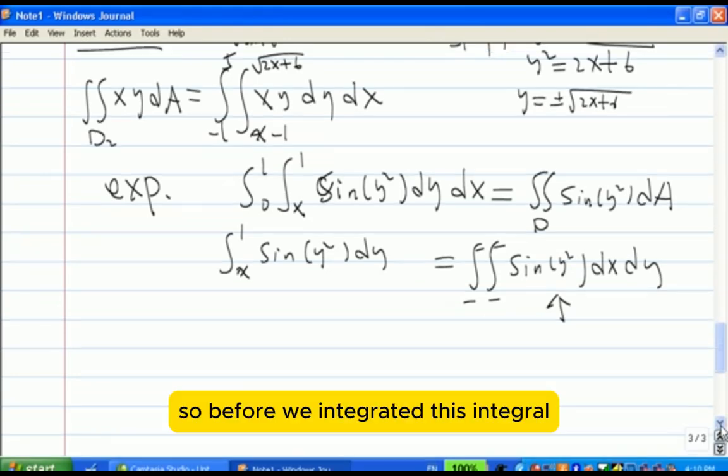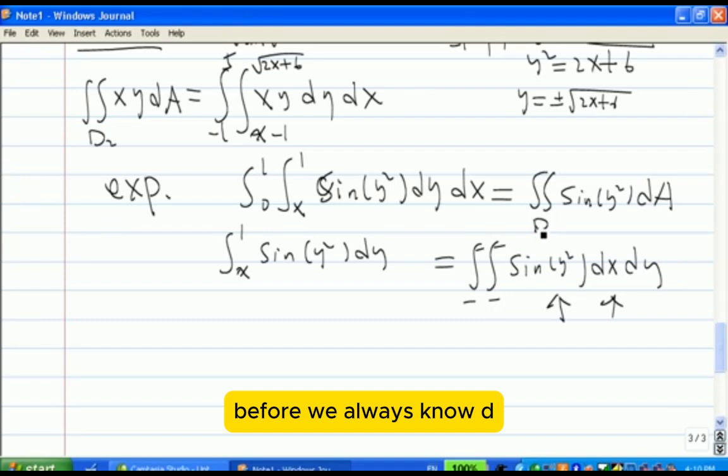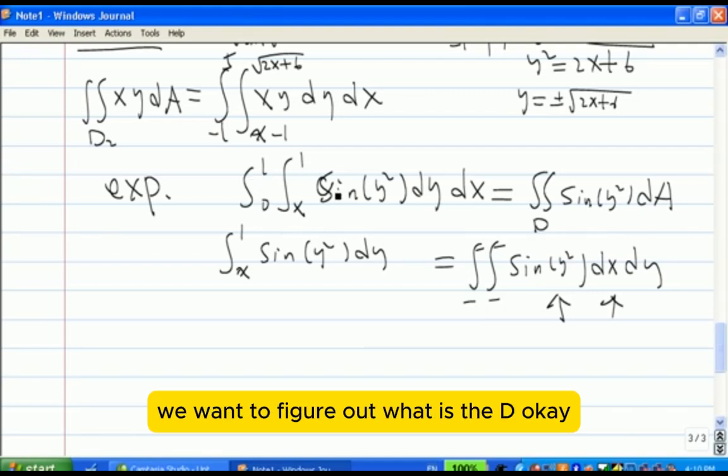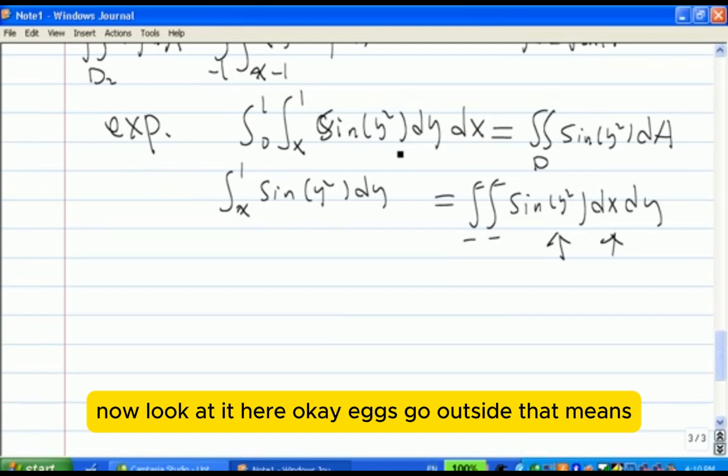Okay. So before we integrate, we have to figure out what region D is. Before, we always knew D, then we fixed those four limits. This time we know these four limits, and we want to figure out what D is. Now look at it here. x goes outside.